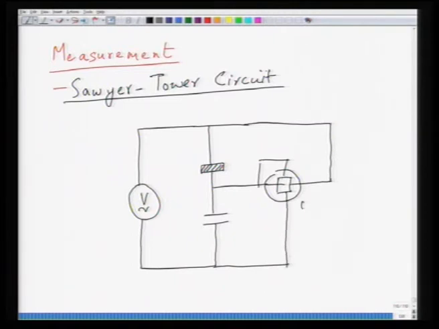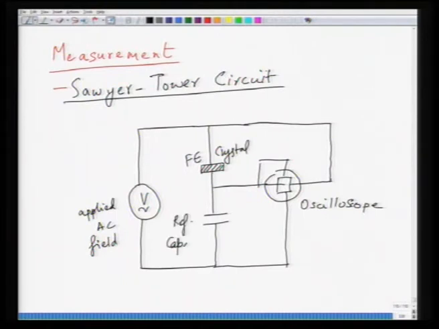Basically you have an oscilloscope to take the measurement on screen. This is the applied field, basically AC field, and what you do is that you put a ferroelectric material, ferroelectric crystal, in series with a reference capacitor, and this capacitor is essentially a linear capacitor with capacitance C naught.